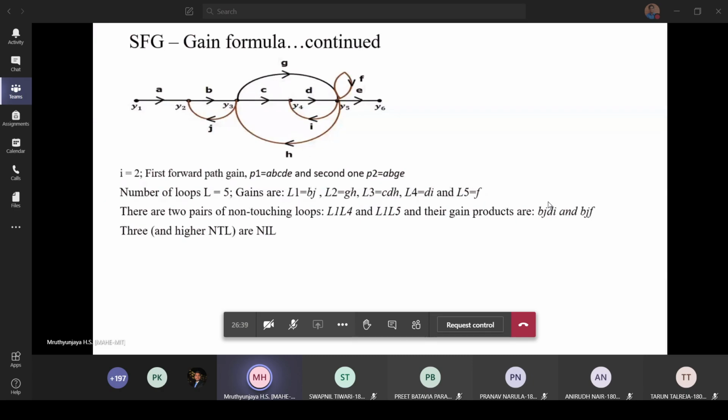None of their nodes are shared; both loops have separate sets of nodes. And L1 and L5, that is BJ and F. So their gains are BJ DI and BJ F.